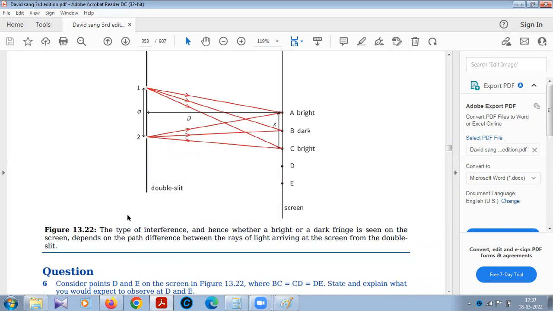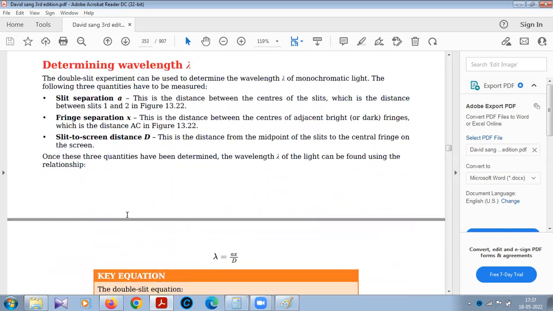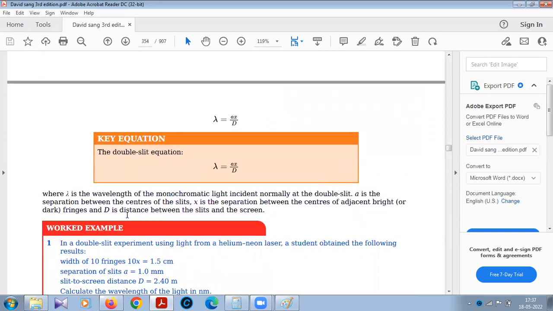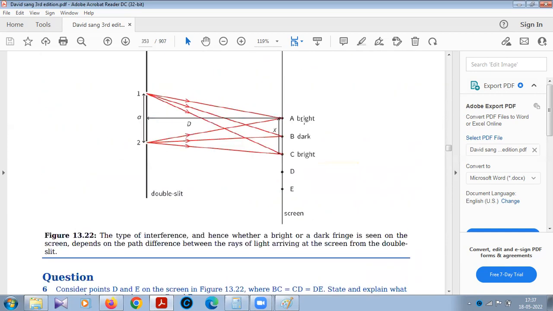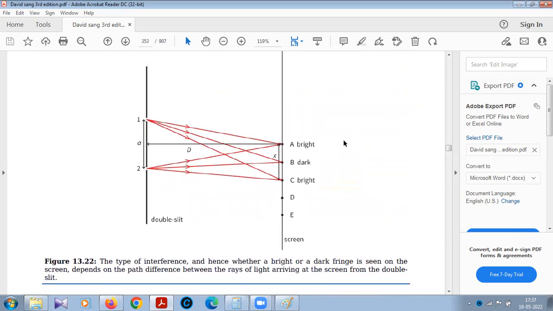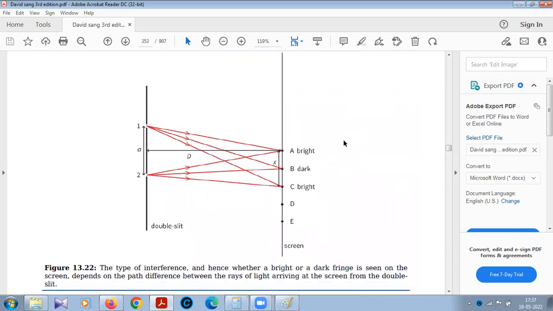And x is the separation between adjacent fringes, like between this bright and this bright. From A to C, this is the x. This is called fringe width. So this is important. Questions may come on this.